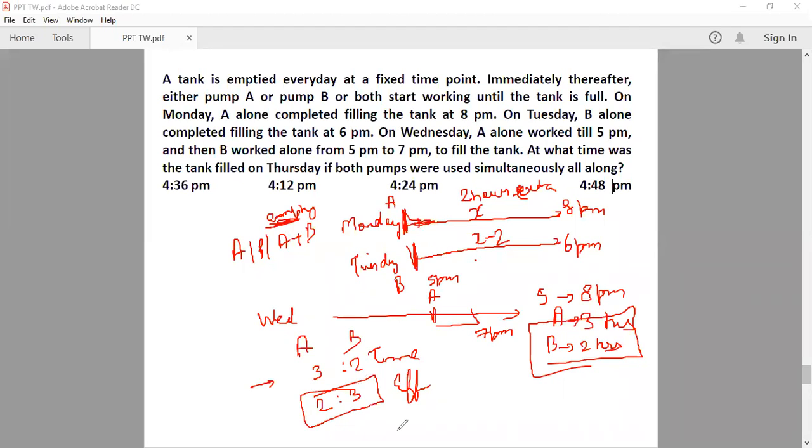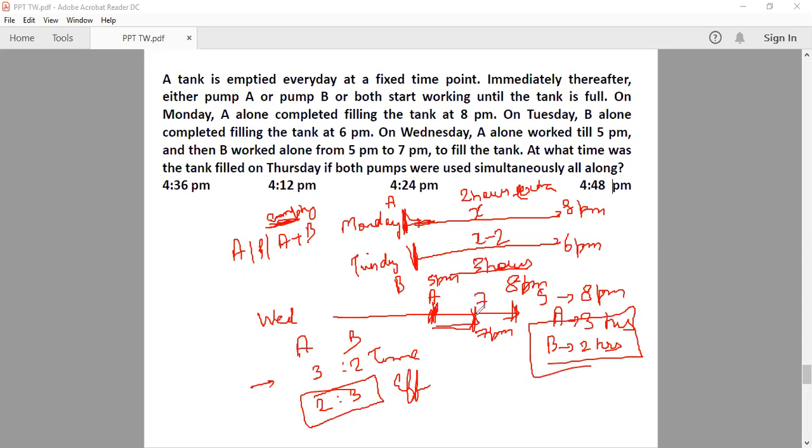हमने कहा कि A ने काम किया 5 बजे तक. उसके बाद आपको कहा गया, हमें मंडे को दिया था कि मंडे को A ने 8 बजे तक काम पूरा किया. यानी कि अगर A ही काम करता रहता तो अभी 3 घंटे और लगते. A would have taken 3 hours more. लेकिन B ने वो काम कितने बजे खत्म कर दिया? 7 बजे खत्म कर दिया.